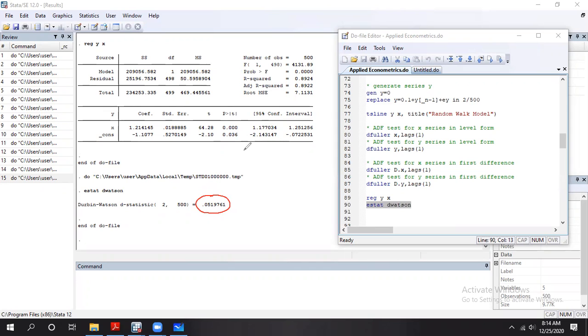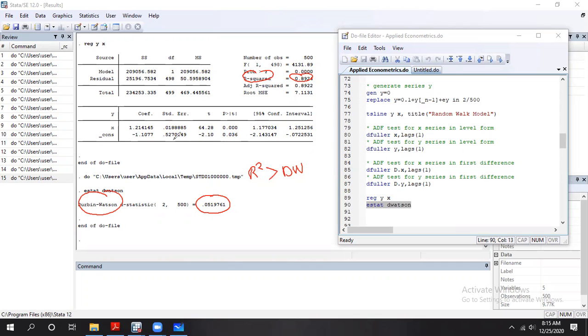So Granger and Newbold say that when we compare the R square with the Durbin-Watson, if the R square is larger than the Durbin-Watson, maybe this regression leads to spurious regression.